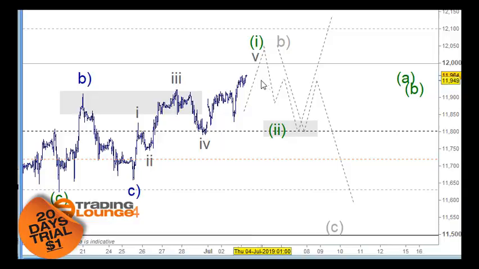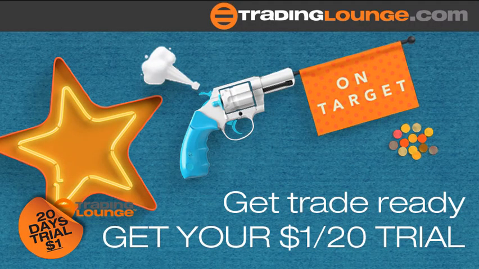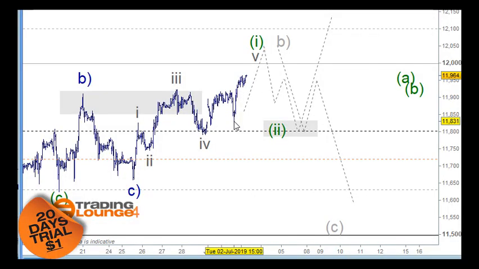I can't call it, I mean, this has got further to go up, but like I said before, we're not trading it, and we won't trade this short here either, because we want to see a change in trend.